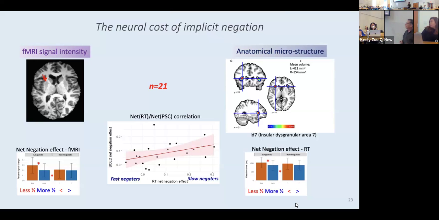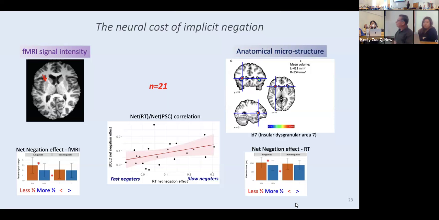Analysis number one is we wanted to see if there is a systematic relationship at the individual level. This is Galit Agmon's great contribution to this. If there's a systematic relationship between the signal intensity that individuals give you on this net negation effect and the reaction time net negation effect.